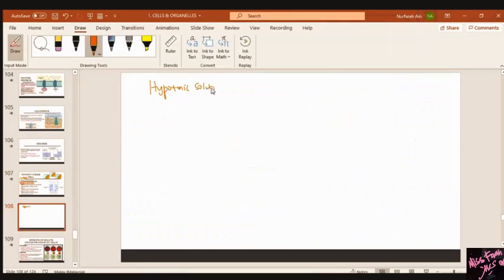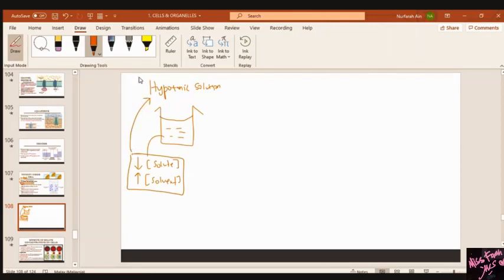So I have a beaker and I have a hypotonic solution here. Bear in mind, when I say I have a hypotonic solution here, it means that I have low solute concentration. In other words, I also have higher solvent concentration, all in one hypotonic solution.